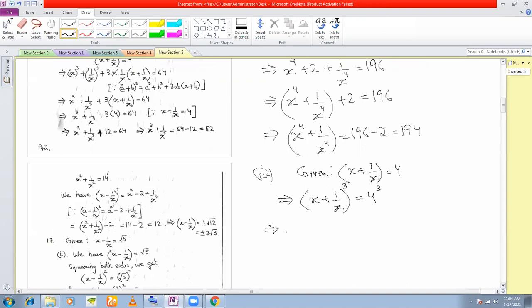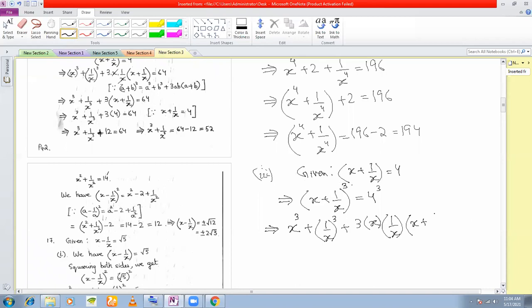Okay. So this is a cube plus b cube plus thrice a b into (a plus b) is equal to 4 cube, which is 64. So now you have x cube plus 1 by x cube plus, here x and x will cancel.